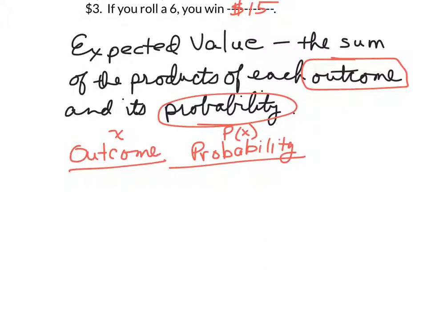The next key word in our definition is the word products. So we want to multiply those. So we'll have X times P of X. We want the product of each outcome and its probability.